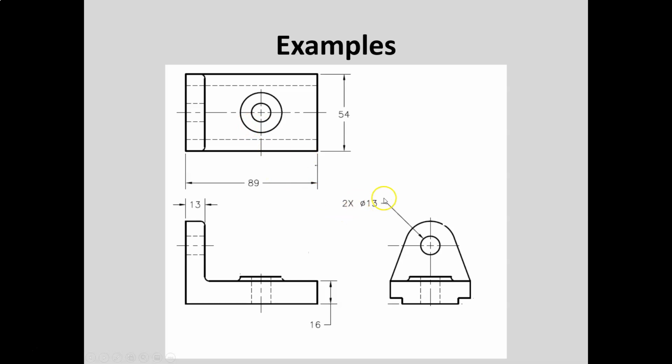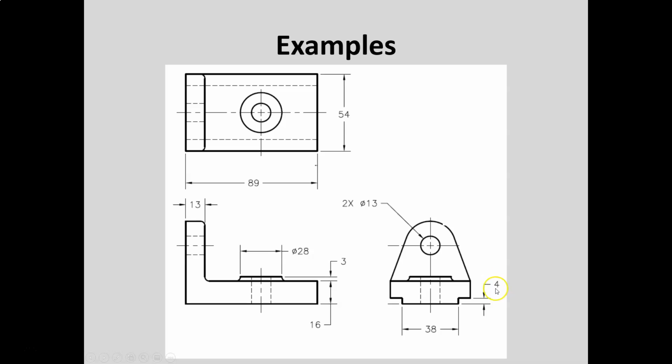So the size of this hole, now notice this hole, diameter 13, is the same as this hole. So we can say 2 times. And then we have the cylinder here, and we have the thickness of the cylinder, 3. And we also have this square or prismatic notch, right?